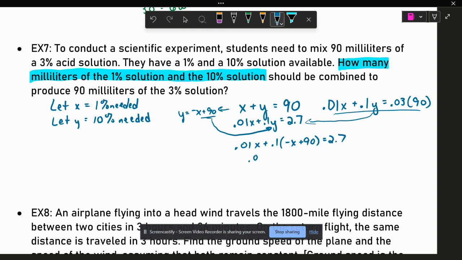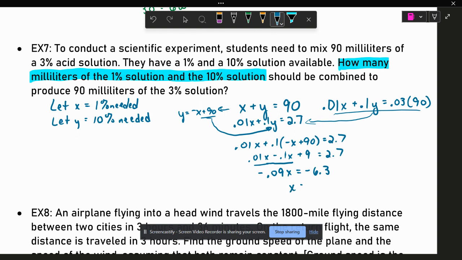So 0.01x minus 0.1x plus 9 equals 2.7. When I combine 0.01x and 0.1x subtracted, I end up with negative 0.09x. And then I'm going to subtract my 9 over, and I'll get negative 6.3.